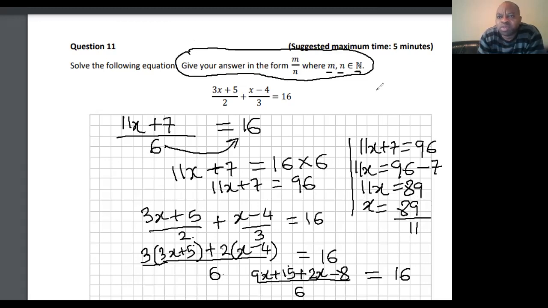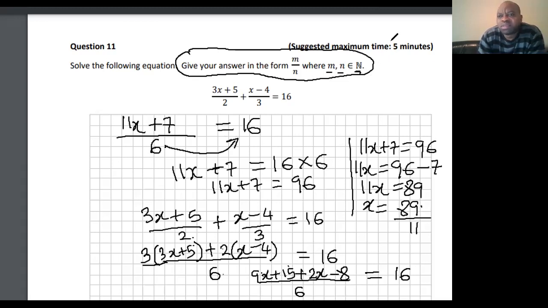That means your result should be positive. Your m and n should be positive numbers. You can see they are both positive numbers. So if you get a negative answer, you should know something is wrong. You should go back. You must have made a mistake. So that is the answer.